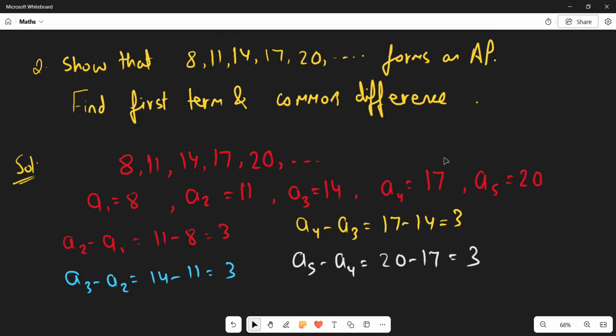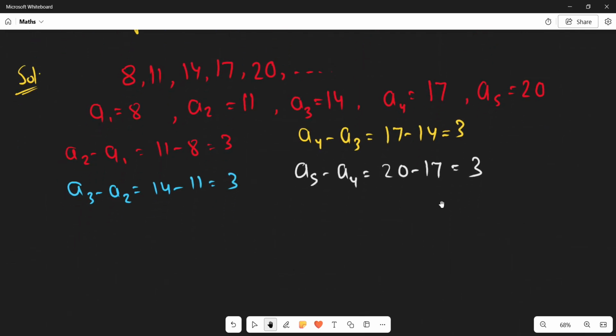So can you see that the difference of all the consecutive terms is 3. So I am getting that the difference of the consecutive terms is 3. Now I will be writing that they are forming an AP.